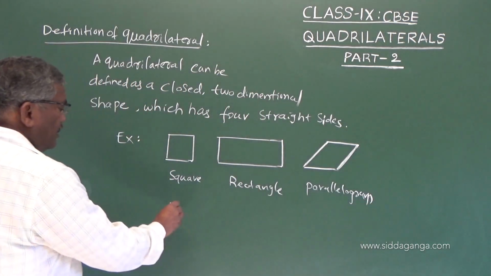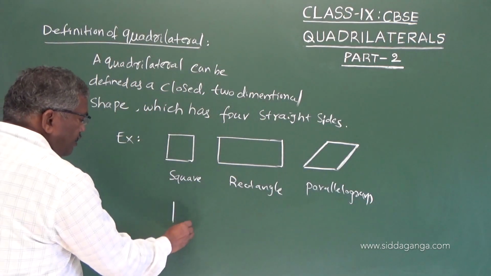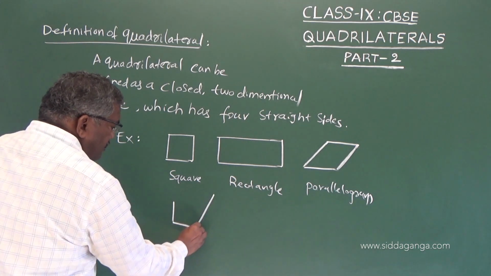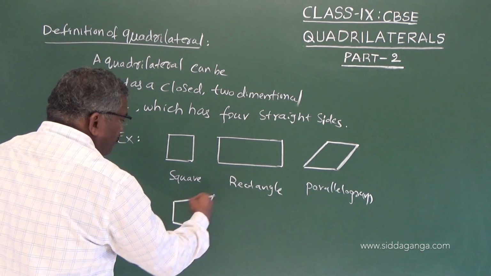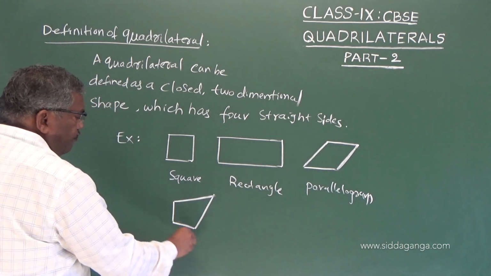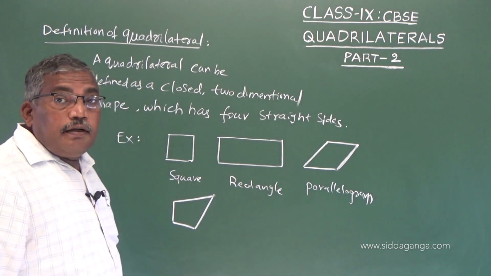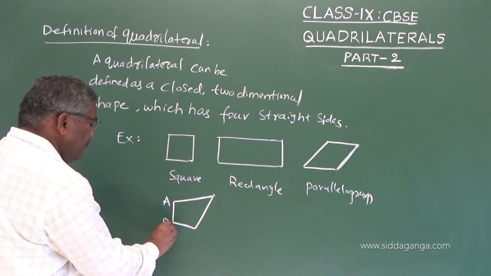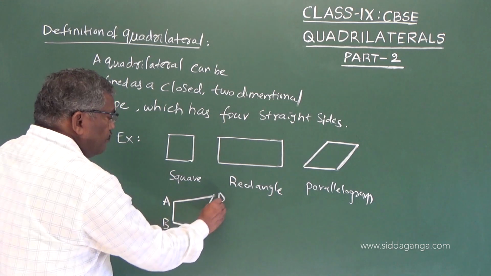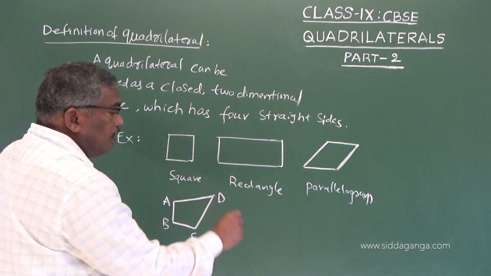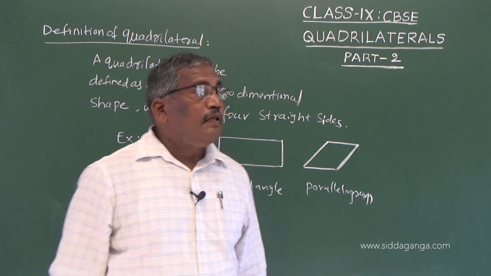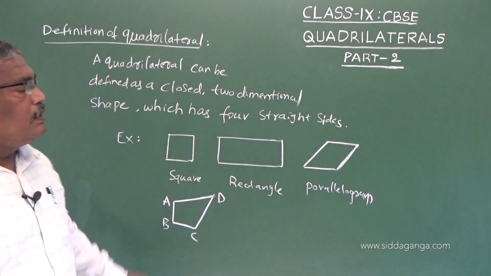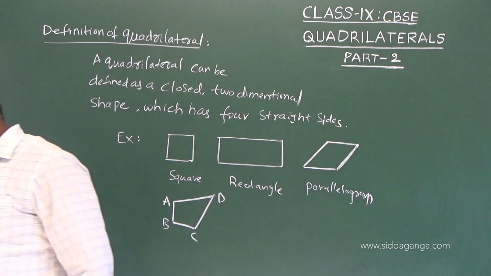A quadrilateral can be of an irregular shape also, as we have discussed in the previous class. This is also a quadrilateral. It has four sides of different length. So A, B, C, D. Of course, it is of irregular shape. So these are the different sketches of a quadrilateral.